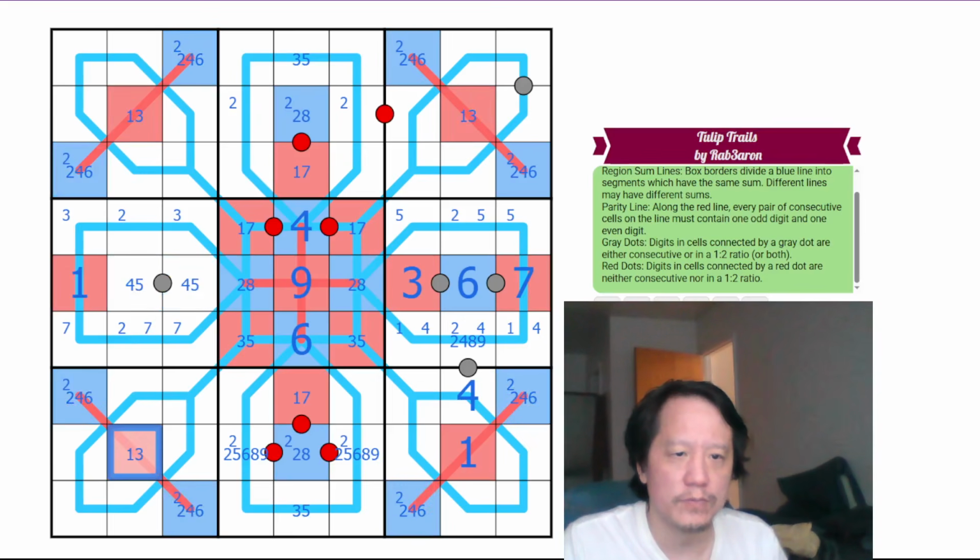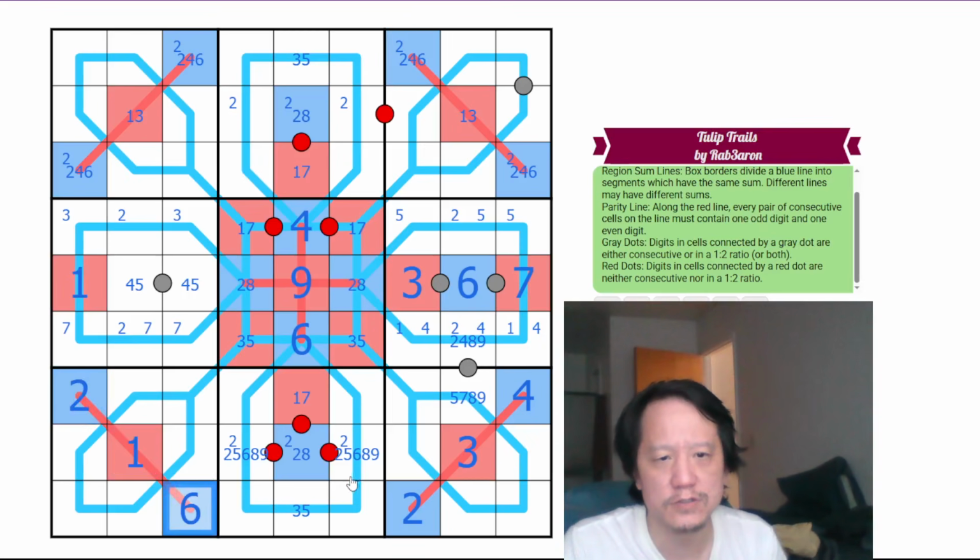So, because of that, we know this can't be 4. Can this be 4 for the same reason? If we have 4 here, well, this is 3 and 2. So this is 1, 2, that's 6. That's 3, 4, and 2. 1, 6, and 2.